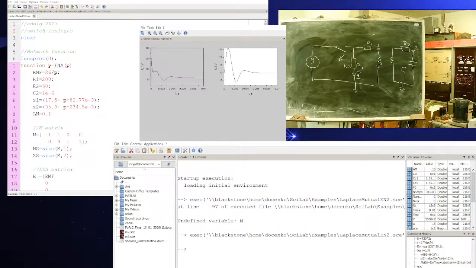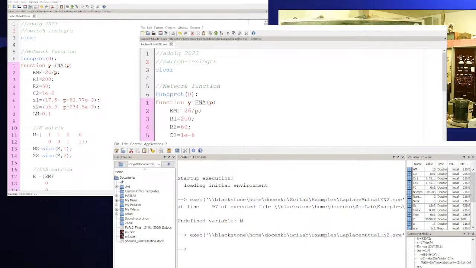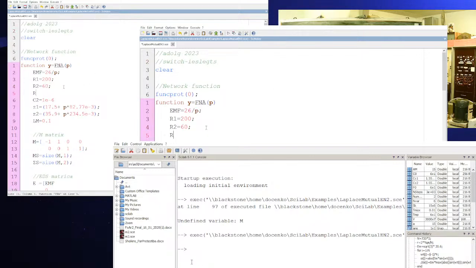I can close this and this, and I can switch here. What should we do after? Let's put R3 equal to 1000.